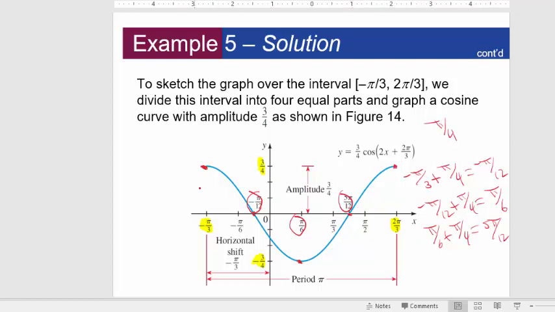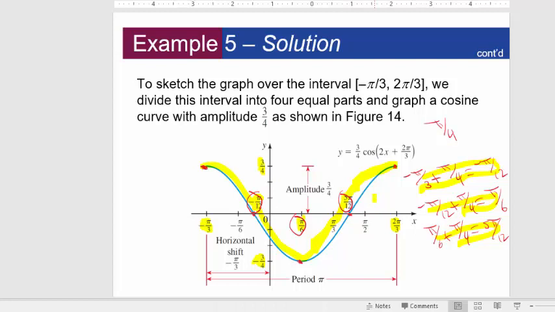So what I usually will do is I'll just put one regular cosine curve in, knowing that it starts at 3/4 when x is negative pi over 3, ends at 3/4 when x is 2 pi over 3, and then I just use this process to figure out what these other 3 x values were, and then I just place them in accordingly, right?